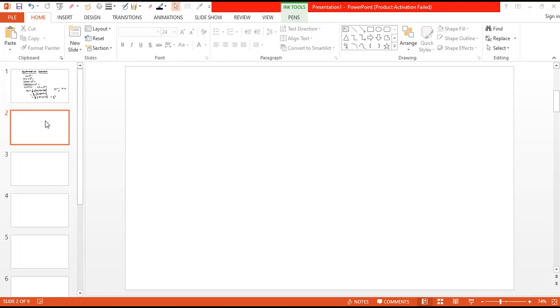Now let's see how we approach this type of problem. Basically, mathematical induction involves 3 steps. Step number 1: we show by direct substitution that the proposed result is true for some value of n, usually the smallest.